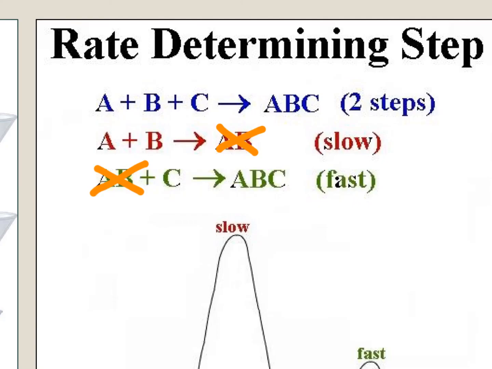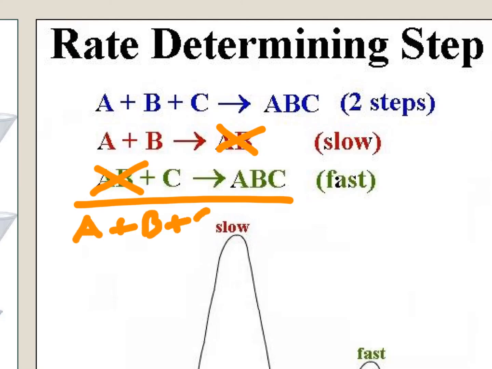And notice, if I take these two reactions, these two elementary steps that add up to my real one, we can see how they add up. By canceling my intermediates, I now have A plus B plus C makes ABC.